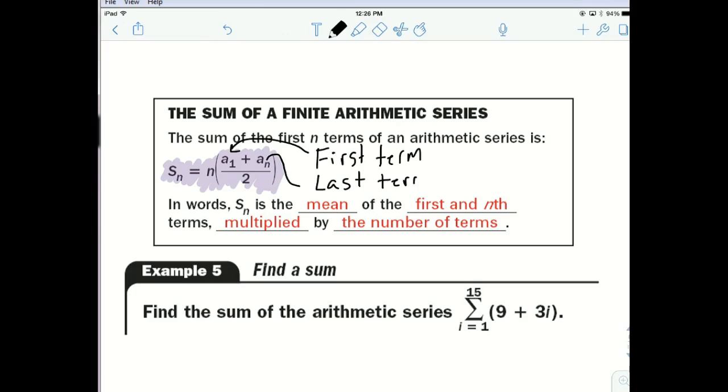And basically, when you add things together, you've got a really big number and a really small number right at the ends. You can take the average of all of the numbers, and that will tell you the sum of all of them. So very simply, let's sum 1 through 11.